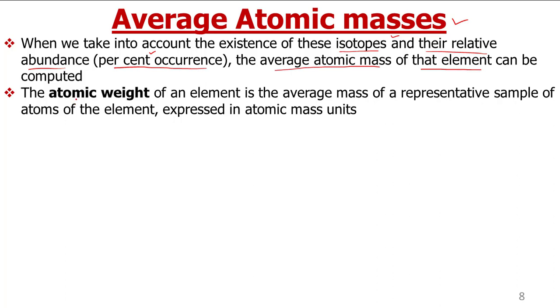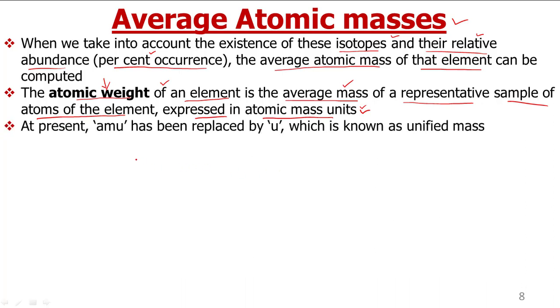The atomic weight or atomic mass of an element is the average mass of a representative sample of the atoms of the element, expressed in atomic mass units. The atomic weight written in the periodic table is actually the average mass calculated in AMU, taking into consideration the relative abundance of all the isotopes of the given element. We will do some numericals of this, then you will understand it better.